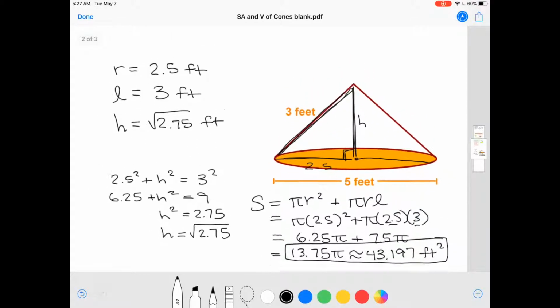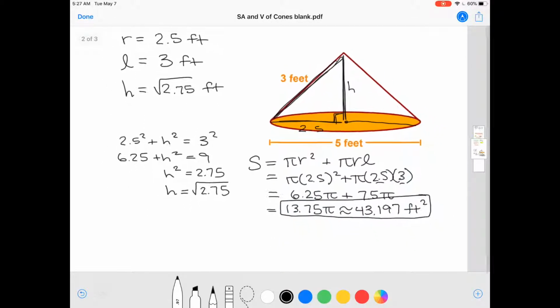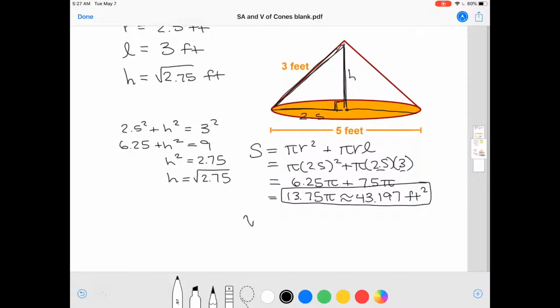Alright, let's do volume. It's 1/3 of a cylinder as far as holding water. Pi r squared is the base, and then it goes up to this tall. So we've got 1/3 times pi times 2.5 squared.